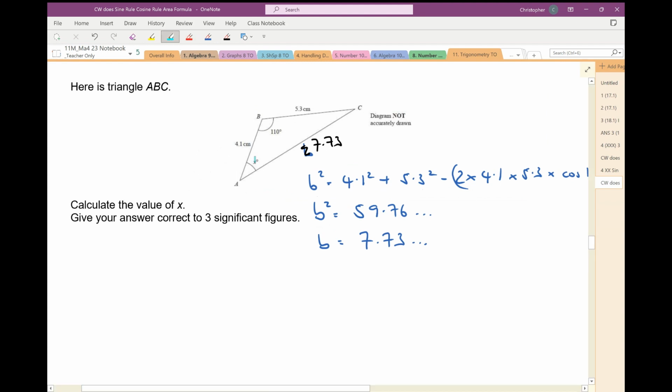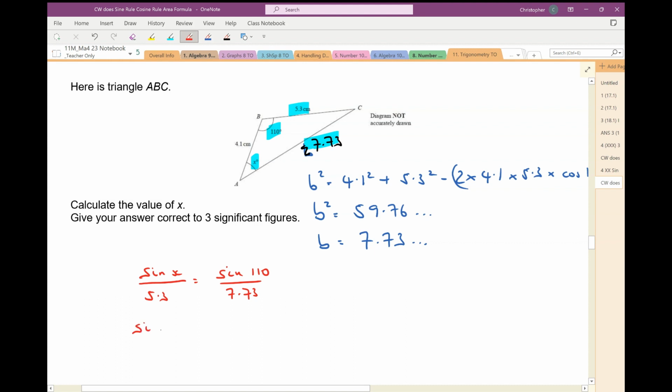Now I'm asked to find angle x, so there are probably a couple of ways I can do this. I've got x on the opposite side, and I've got 110 on the opposite side. So I'm going to use the sine rule. Now I'm looking to find x, so I'm going to put sine x on the top. So sine x over 5.3, the opposite side, is going to be sine 110 divided by its opposite side, 7.73.